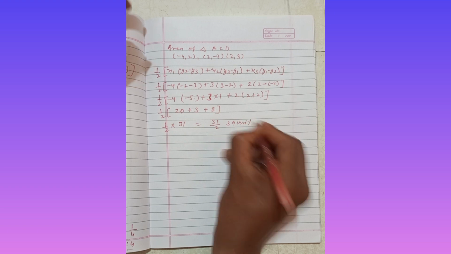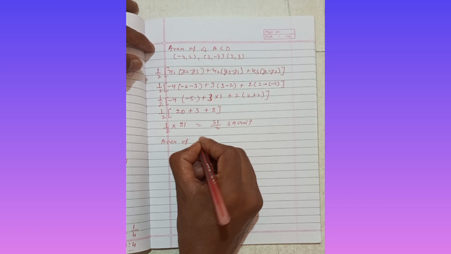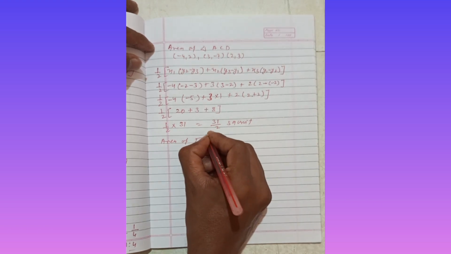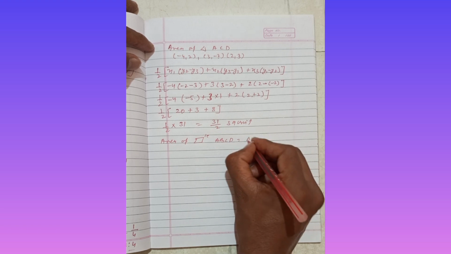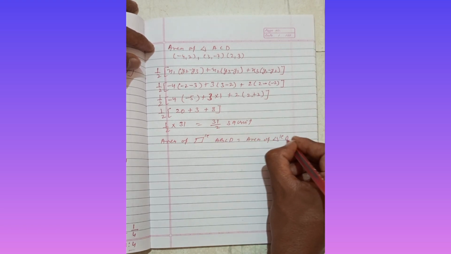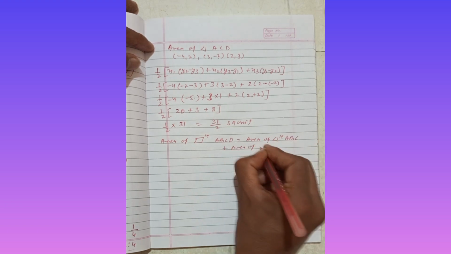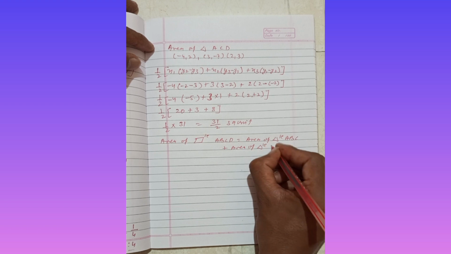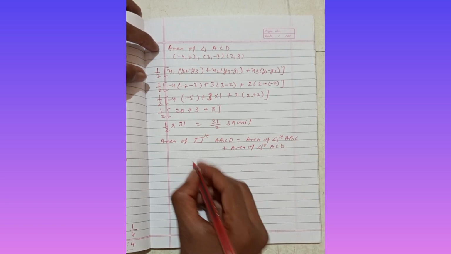Now it is asked the area of a quadrilateral. Area of quadrilateral ABCD is area of triangle ABC plus area of triangle ACD. So what is the area of triangle ABC that we got?